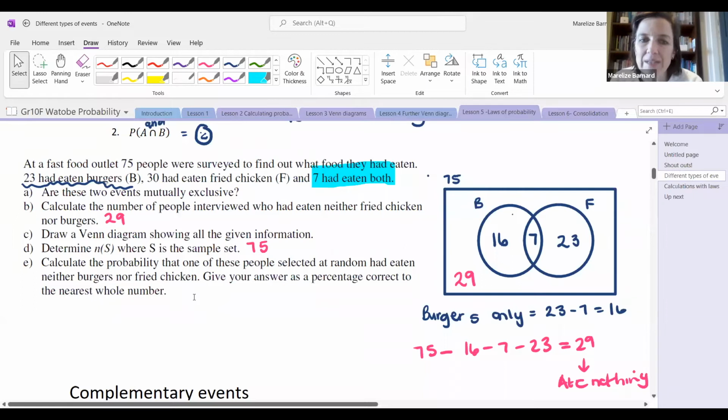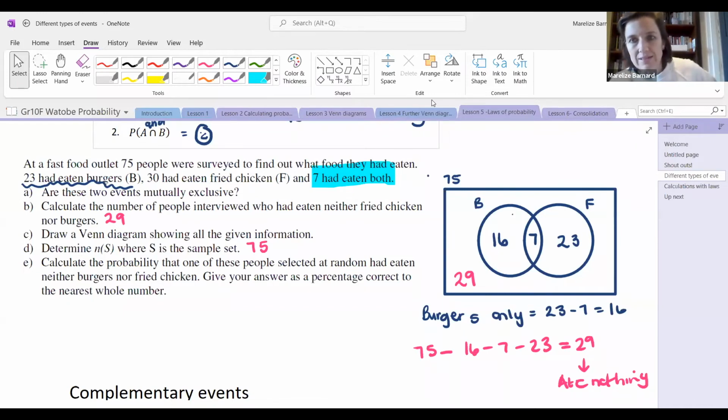What is the probability that one of these people selected at random had eaten neither burgers nor fried chicken? Come, we've just worked out how many, so the probability is quite easy from here on. We can do that. Pop it in the chat when you've done it. We want a percentage, so you are going to need to times your fraction by 100.